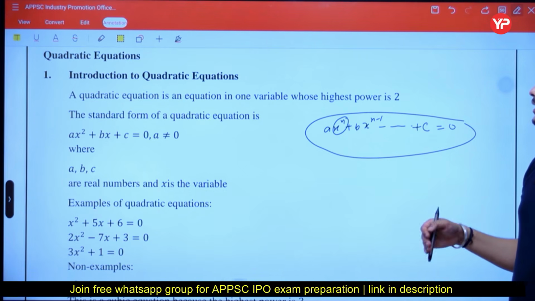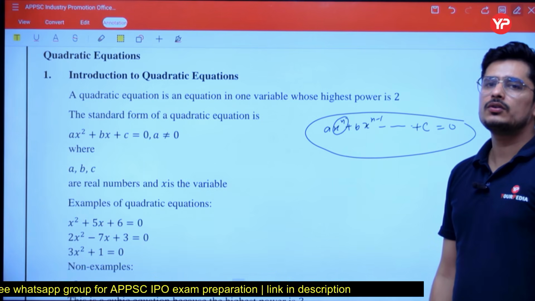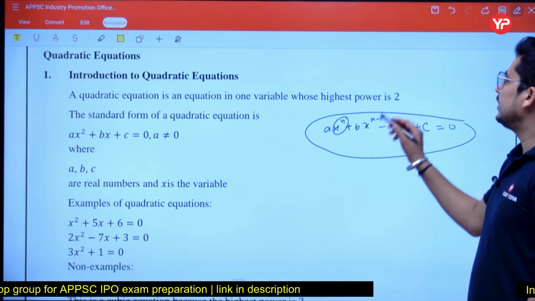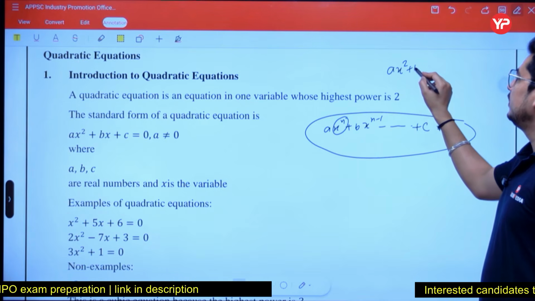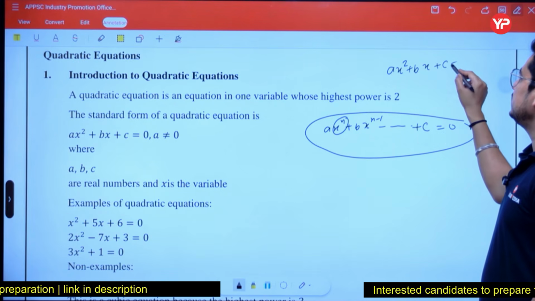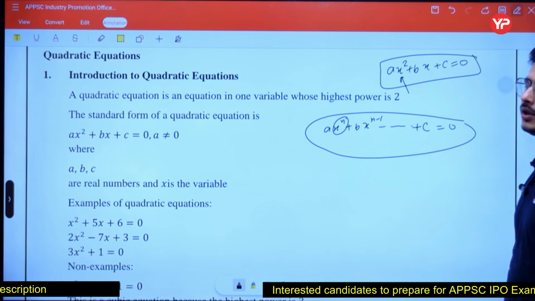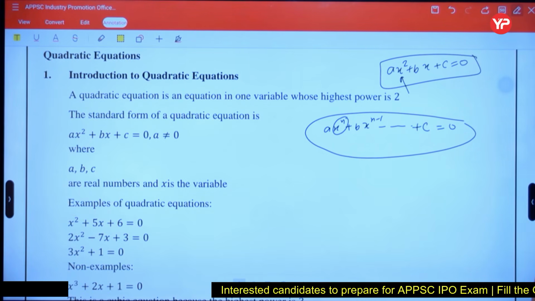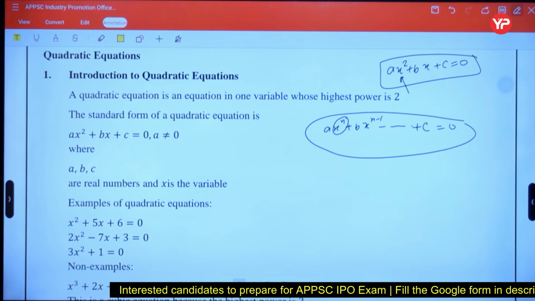So if you have a quadratic equation, it means the highest power of x is 2, right? If I write an equation in the form ax square plus bx plus c is equal to 0, and you check the highest power of x, that is 2, then only we can say this is a quadratic equation.